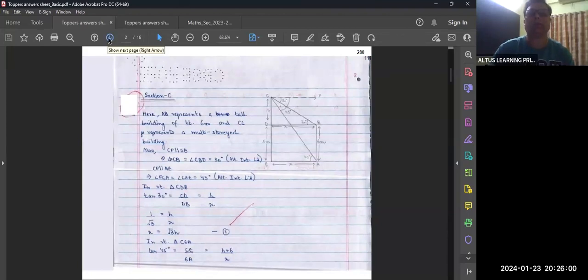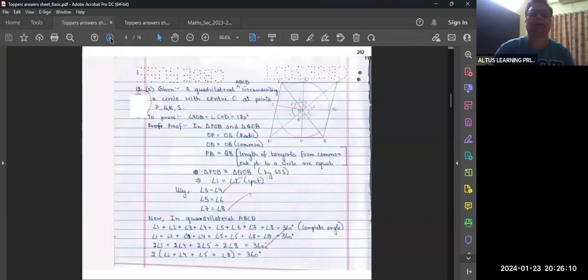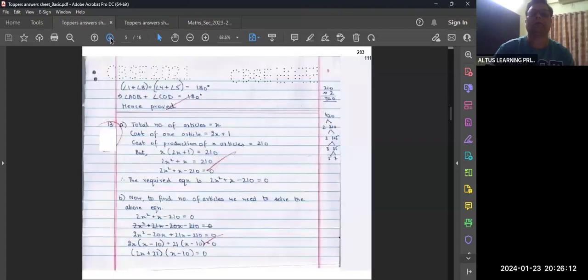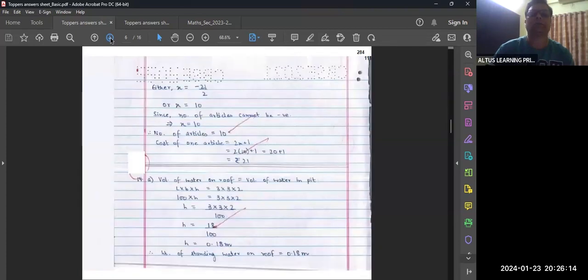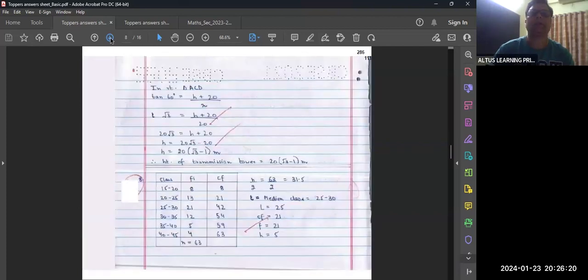See this, this is last year's topper's marked answer sheet. The rough work is done here in the margin side. Very neat and tidy work is done.